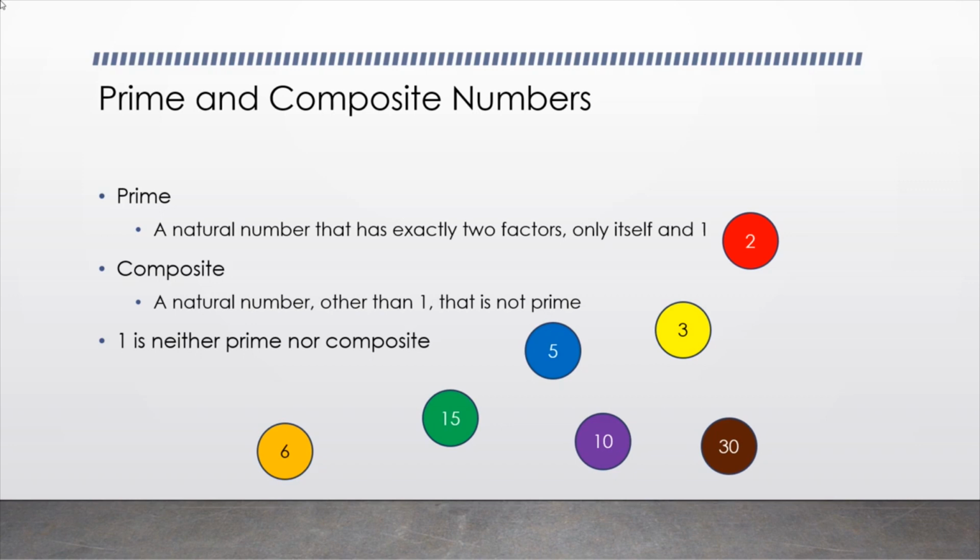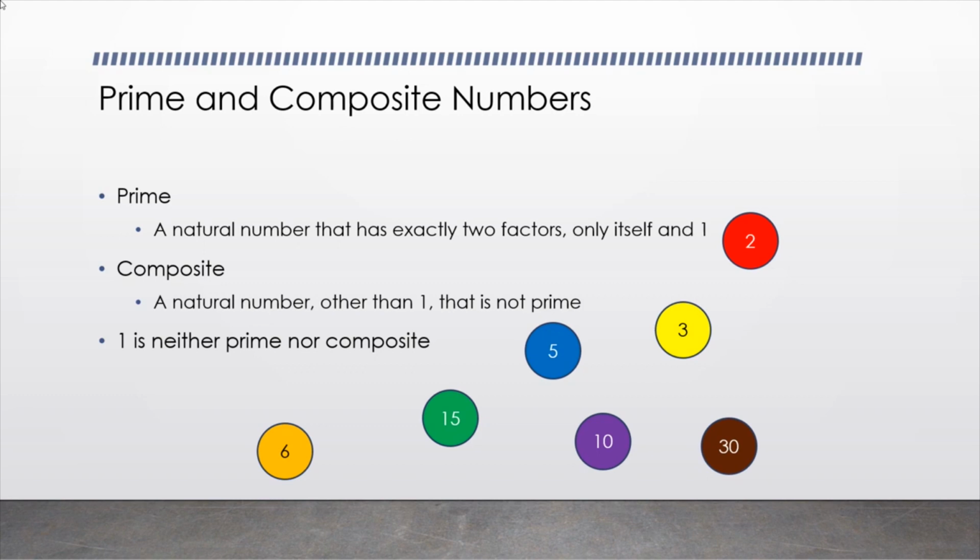So you could see that prime numbers are like primary colors. You mix them together to make secondary or even tertiary colors, which, if you mix prime numbers together, you get composite numbers.